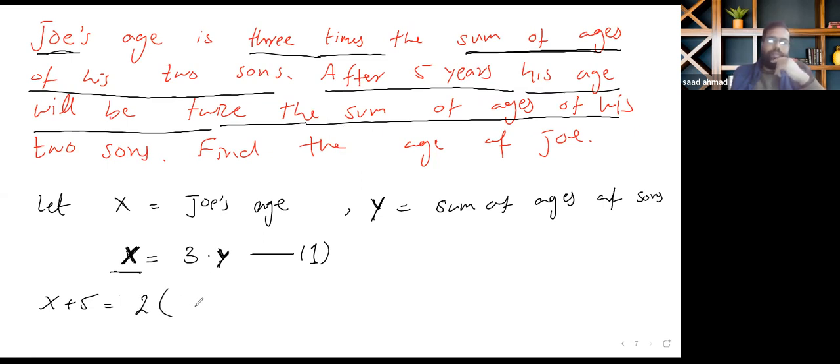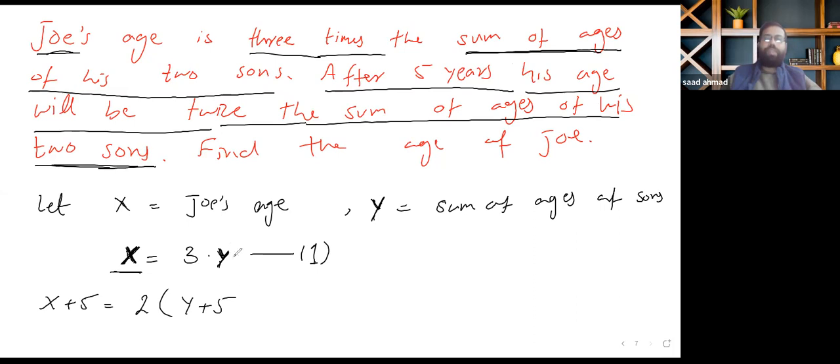2 times the sum of his sons' ages. But let's say the sum of his sons' ages right now is y. Then after 5 years, how much will it be? It will not be y plus 5, because we are talking about the sum of the ages of his 2 sons.